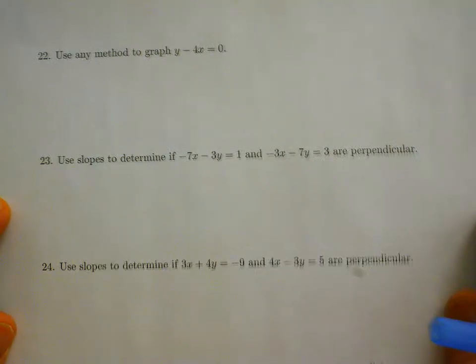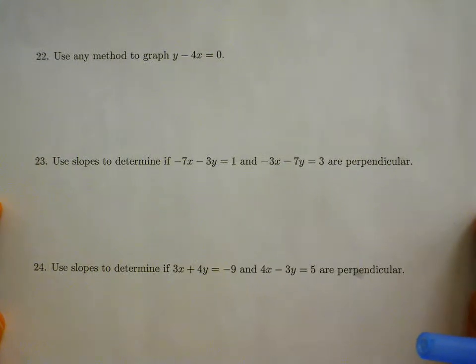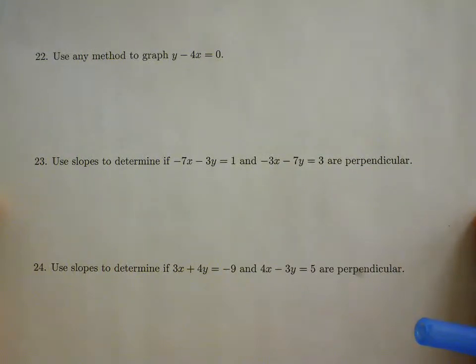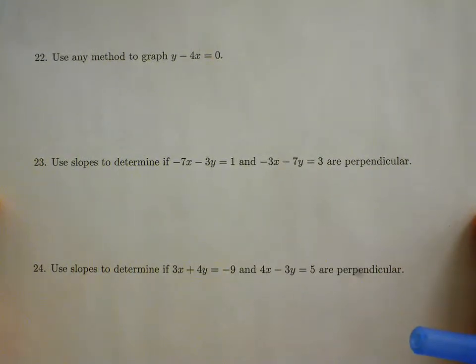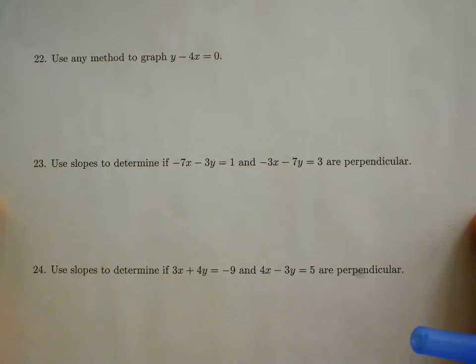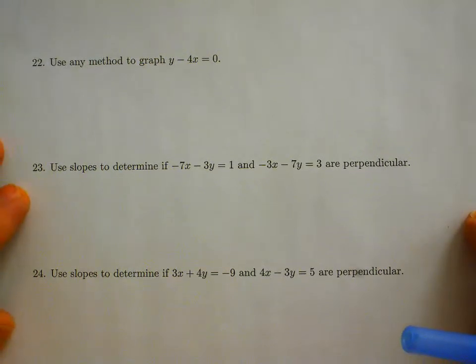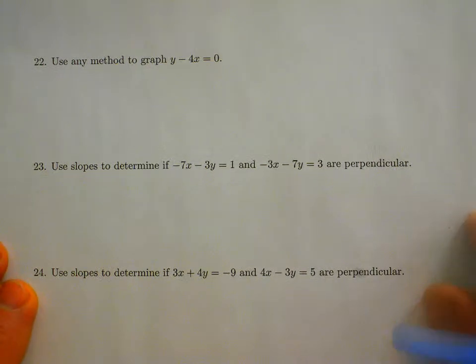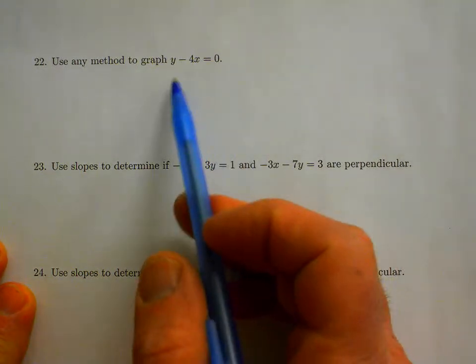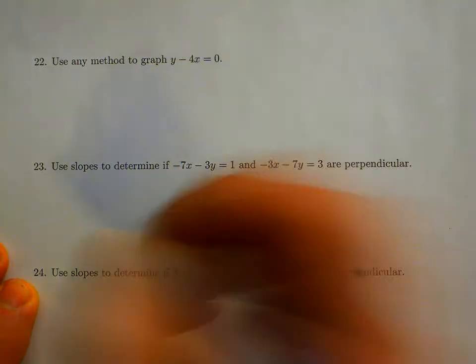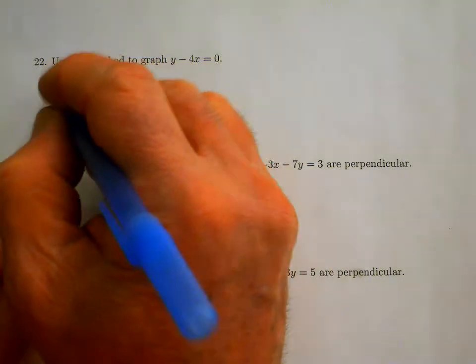Use any method to graph y minus 4x equals 0. Let's use the intercepts method.